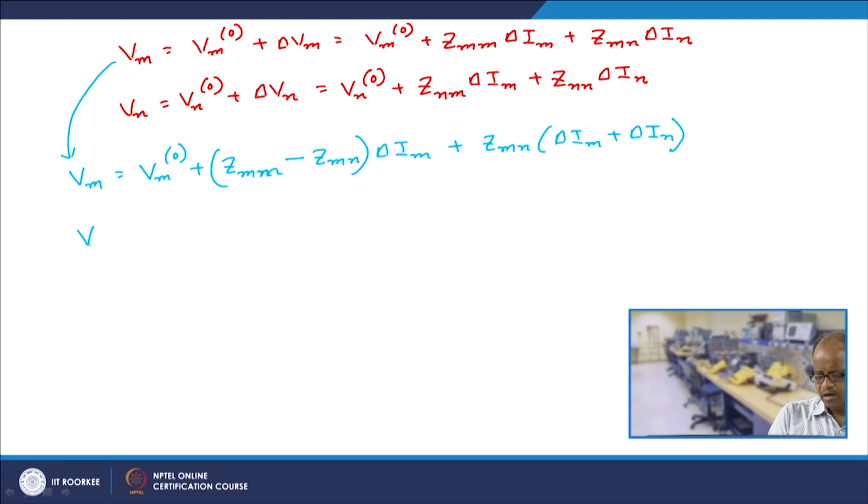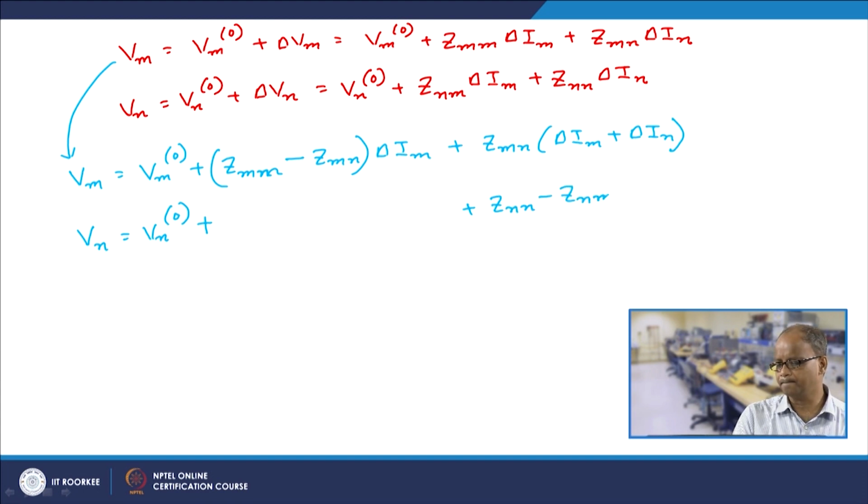Similarly, Vn would be equal to Vn0 plus, here we first take Znn minus Znm into delta In. So, what I have done is simply subtracted Znm into delta In.